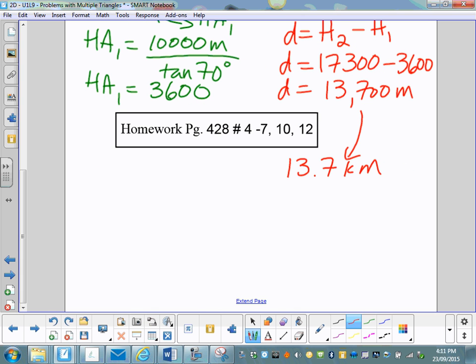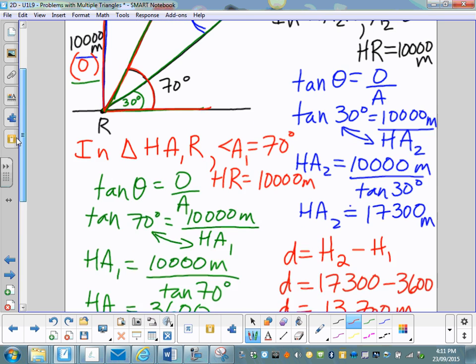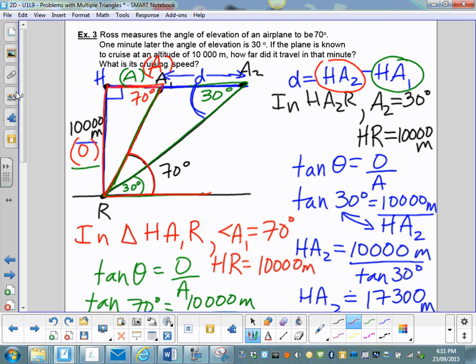So our final statement here is, our distance flown in 1 minute is going to be 13.7 kilometers. But what they want to know is, what is the cruising speed?